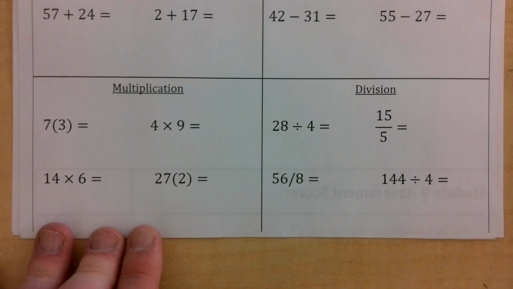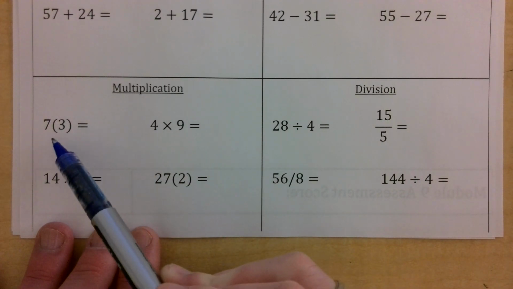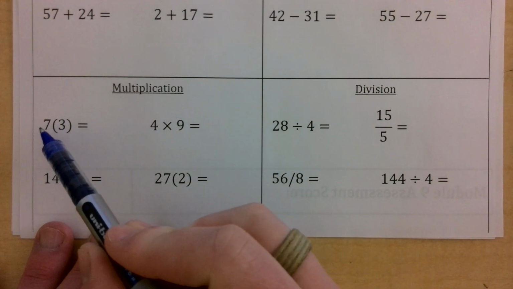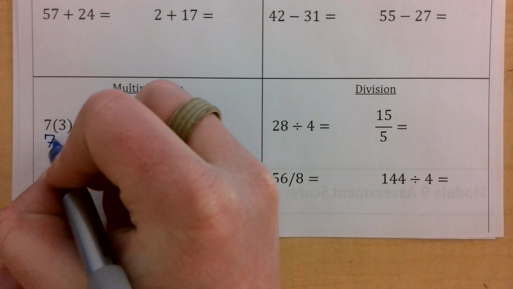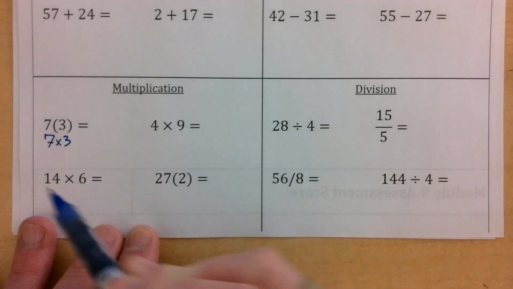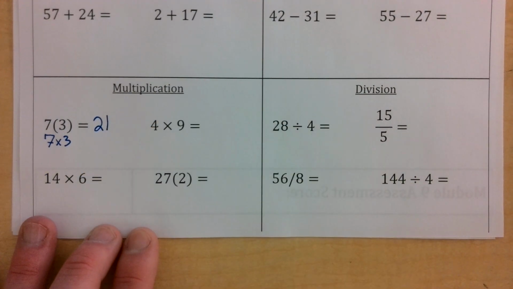All right, towards the bottom here, we have multiplication. Notice these don't all look the same. Notice there's no letters here, so there's parentheses. This says 7 times 3. 7 times 3 is going to give us 21.